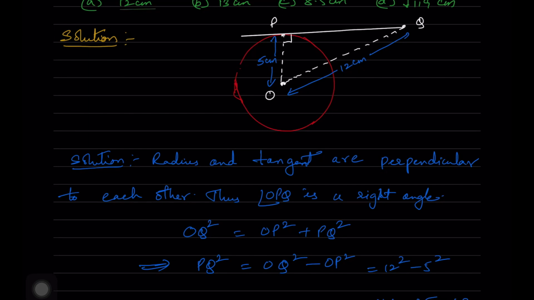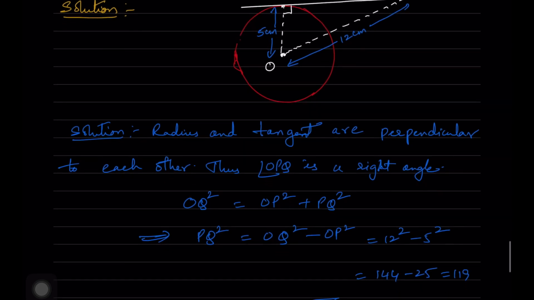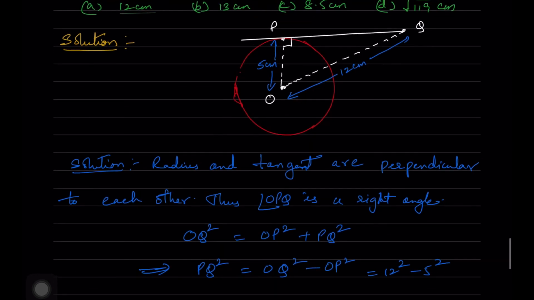OQ square is equal to OP square plus PQ square. So PQ square is equal to OQ square minus OP square, which is equal to 12 square minus 5 square, from Pythagoras theorem. So from Pythagoras theorem we have written that the hypotenuse square is equal to the sum of squares of the other two sides.